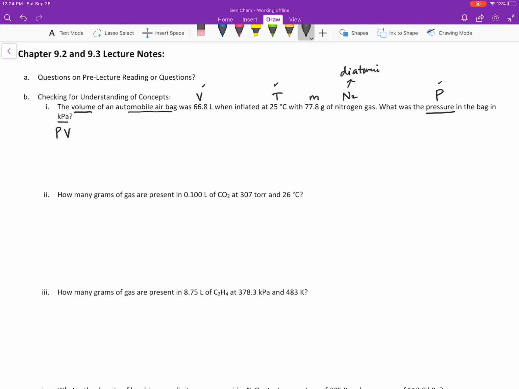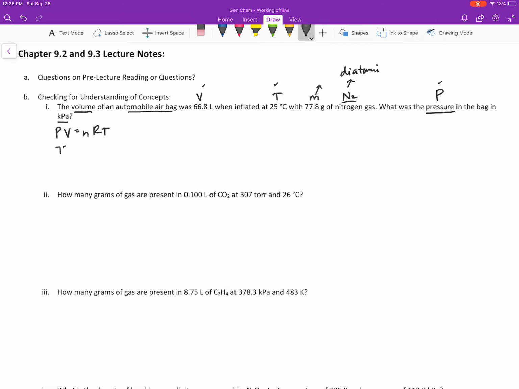And it may not look very clear right now, but the thing is I have a mass, and I know what my mass is of. It's of nitrogen. And if you think back to chapter 3, we spent a lot of time talking about how to go from masses to moles, which will give us this value right here.